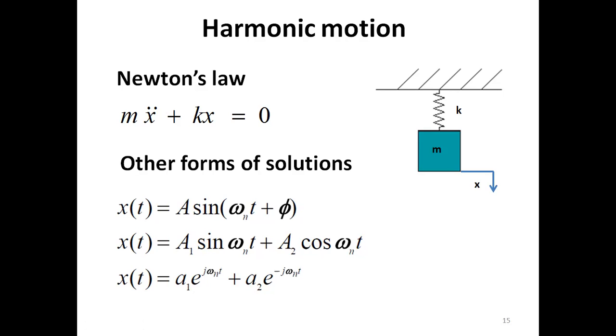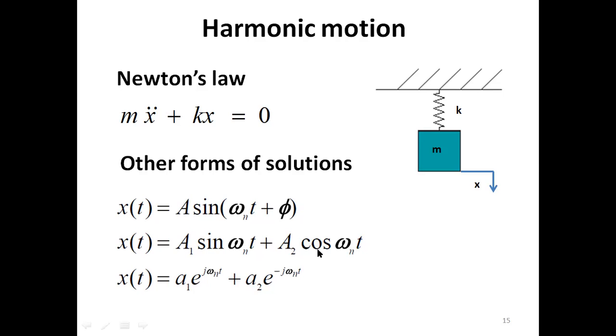And in order to find these arbitrary constants, we have to use the initial conditions. So these are the other forms. One could use this equation for the response of the system during modeling.